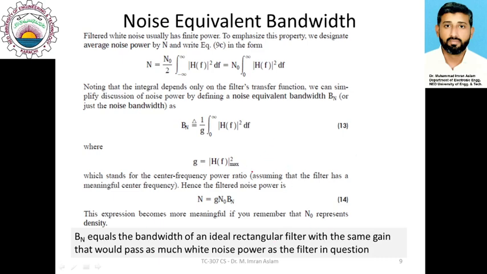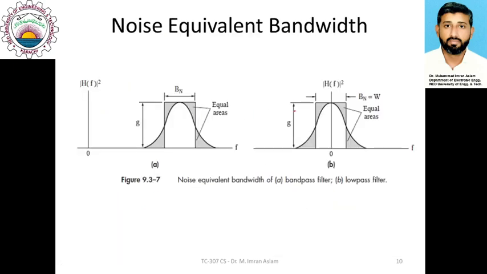Based on the same noise consideration, whatever bandwidth we get is named the noise equivalent bandwidth.